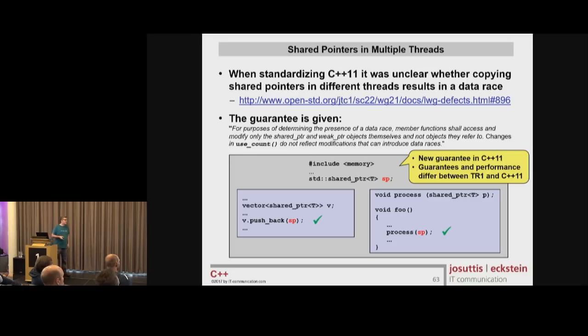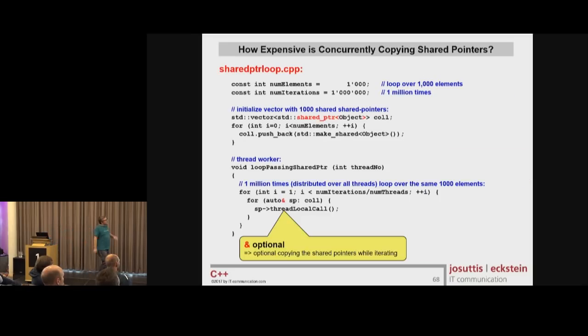The program does roughly the following. I have 1,000 elements, and a counter for 1 million iterations. I initialize a vector of 1,000 elements, so 1,000 shared pointers, referring to an object. And then I start a loop.